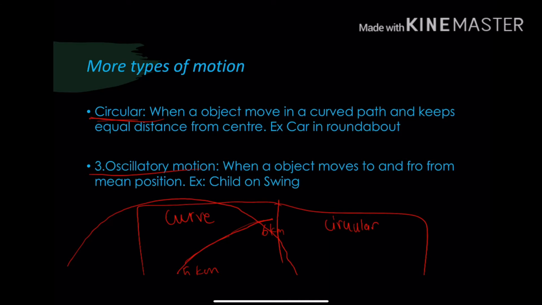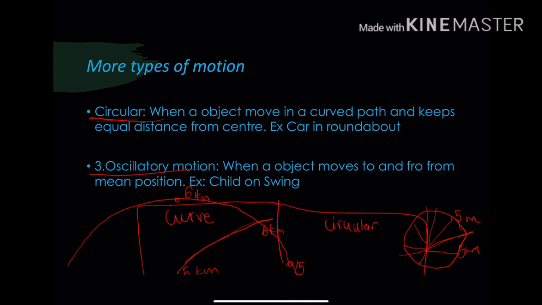The distance is 5 here, and 6 here. So that is when an object moves in a curvilinear path. But in circular, it's a circle. And here it's 5 kilometers from the center, and here it's also 5 kilometers. So the radius of the circle is always the same.